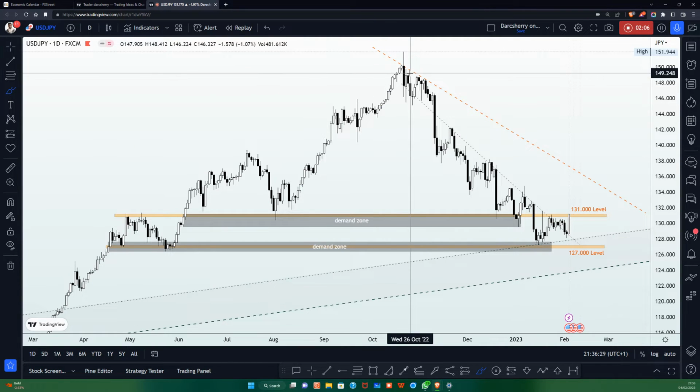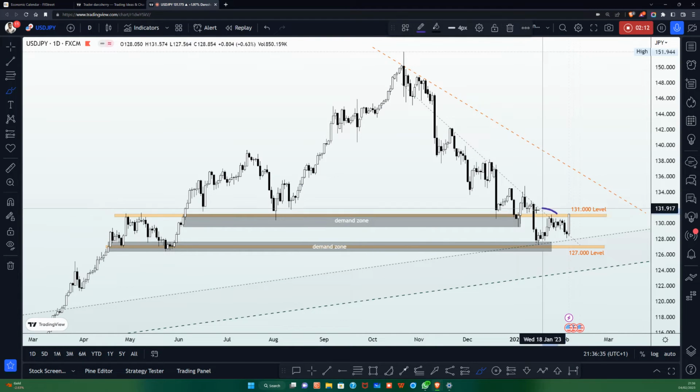However, price dropped significantly since the month of October. Price dropped back into the same channel between the 131.00 level and the 127.00 area to further emphasize some level of indecision in that market.